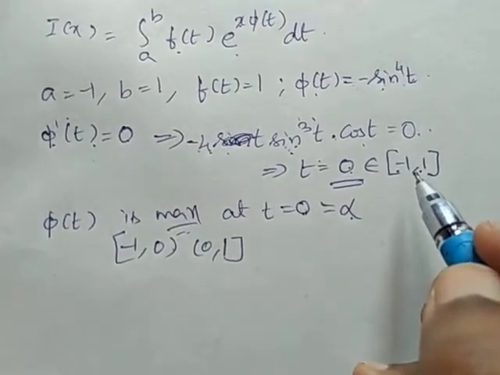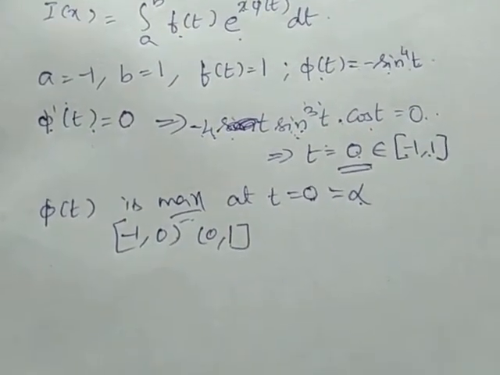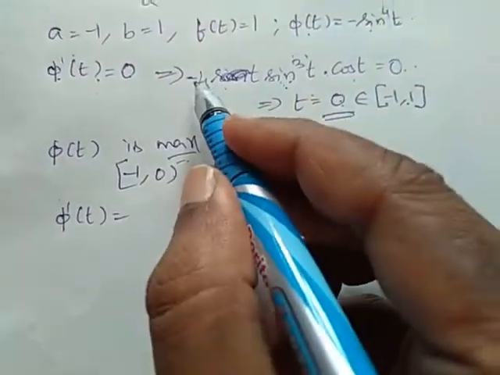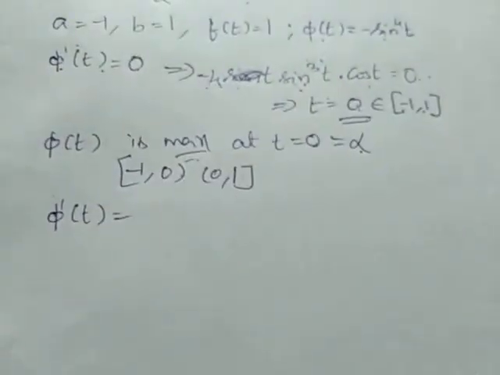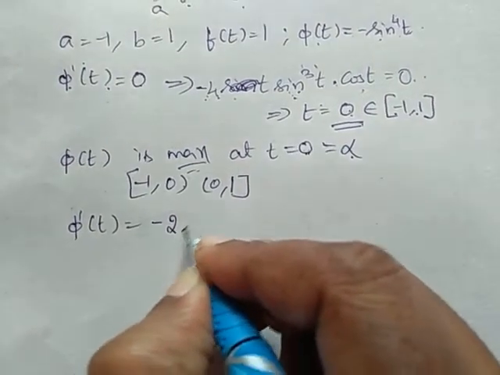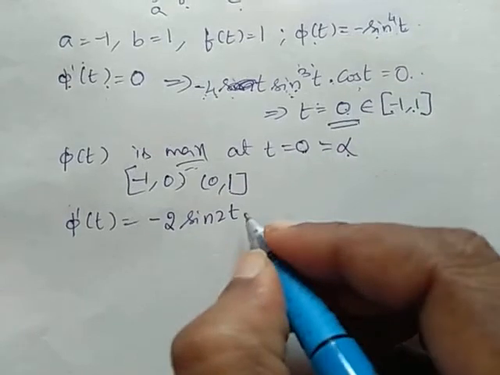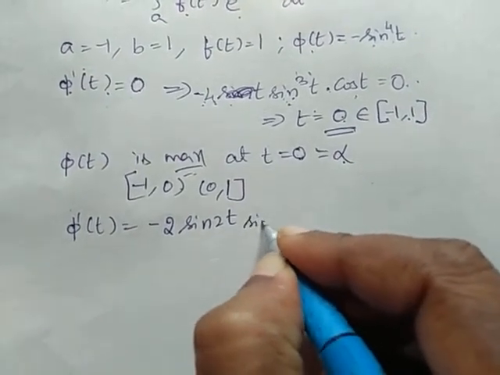Now we have to find its derivative, phi dash of t. So what is phi dash of t? We have differentiated already. Phi dash of t is minus 4 sin cube t cos t. This I can rewrite as minus 2 sin 2t sin square t.